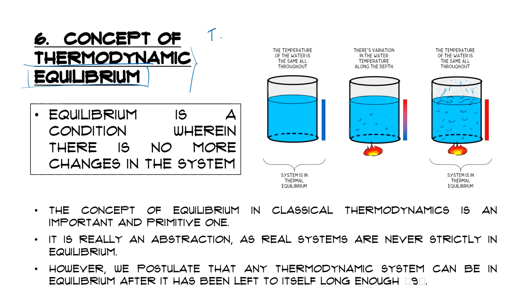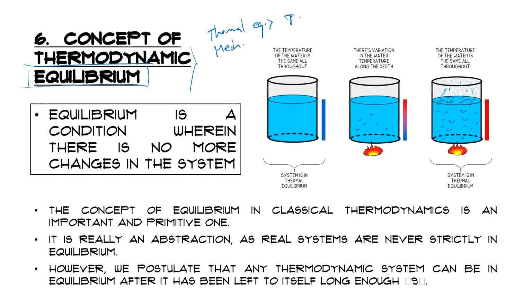So that is thermal equilibrium. If the temperature in that system is uniform all throughout, or there are no changes in the temperature, then we say that it is in thermal equilibrium.